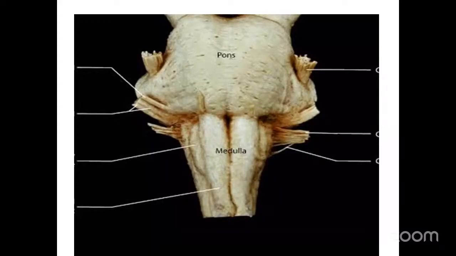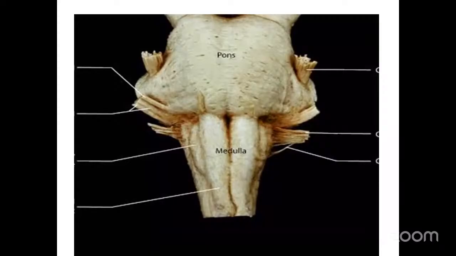It is continuous downward with the spinal cord as the anterior spinal sulcus. This sulcus is very important from a surgical point of view; we will later discuss how it helps us to enter into the medulla oblongata.